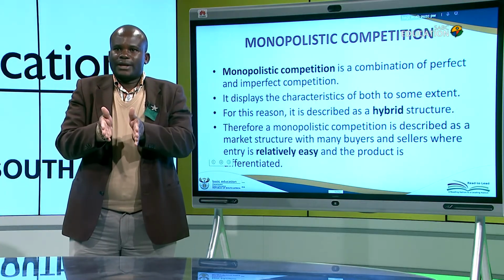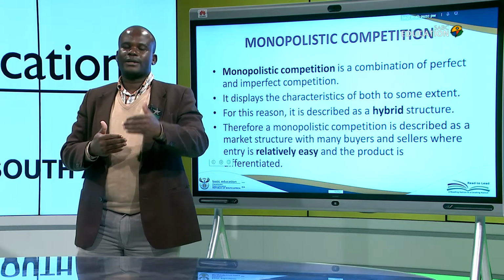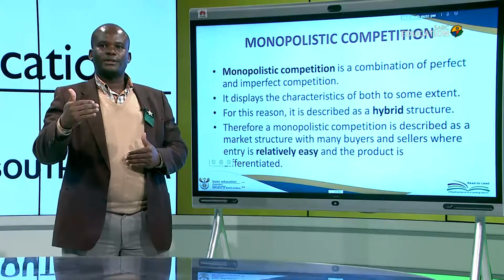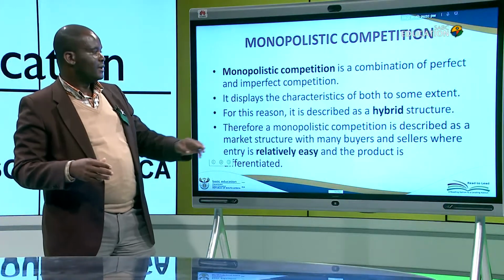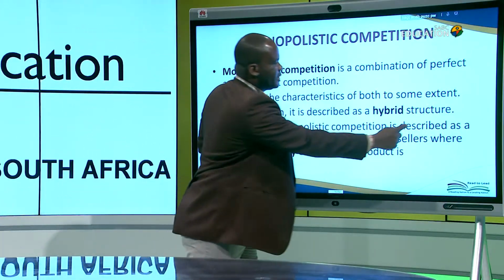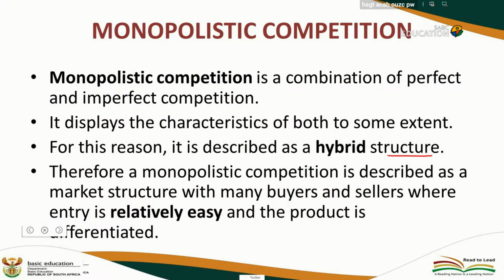That combination gives rise to a market structure known as monopolistic competition. And because it's a combination, it is usually referred to as a hybrid structure. Hybrid in the sense that it combines features of both imperfect market as well as features of perfect market.